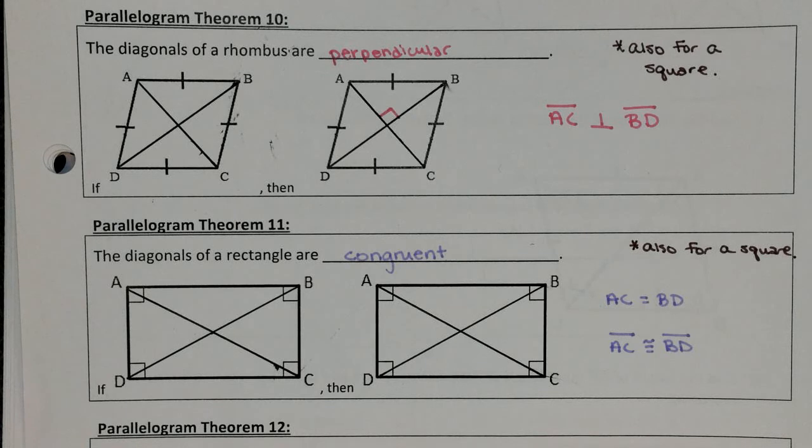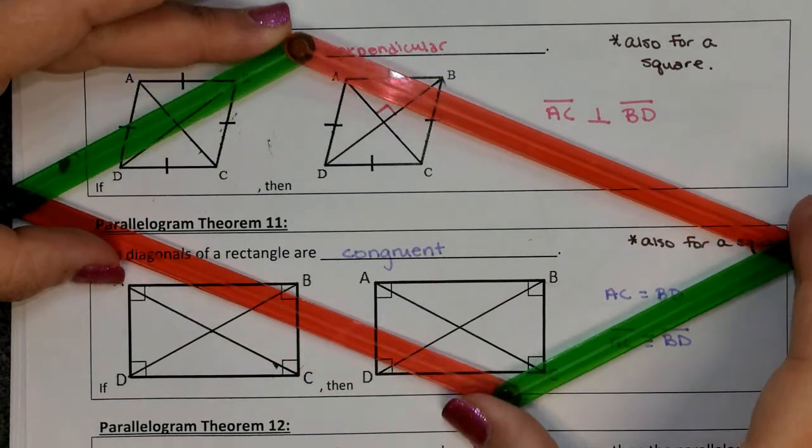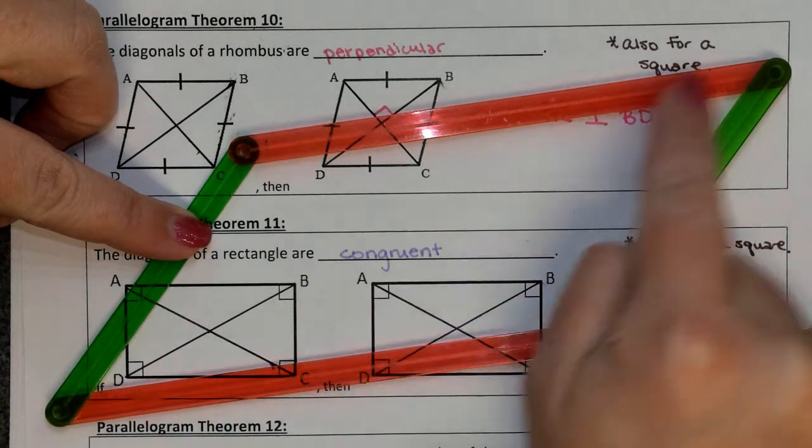Okay, so remember that these do not apply to any parallelogram. There's a reason that today we're learning just about these theorems to be special parallelograms. Because if I have just a random parallelogram here, these diagonals are not the same length.